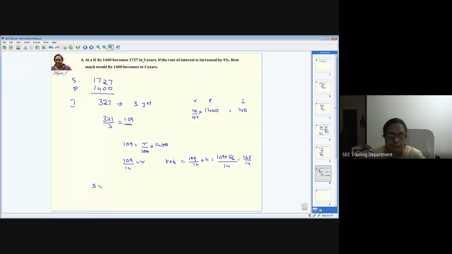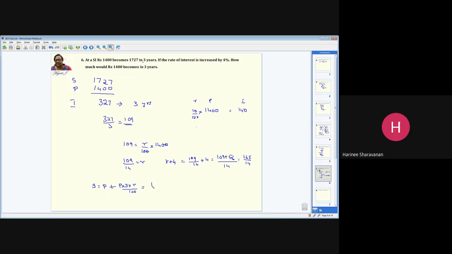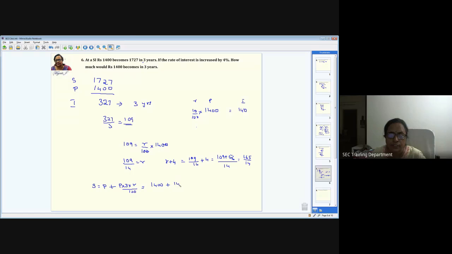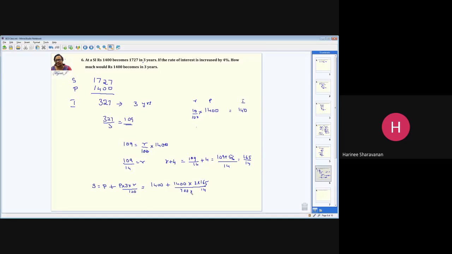The sum after 3 years is nothing but principal plus the interest. So what is the interest now? P into 3 years is already mentioned, and R is 165 by 14. Now you do the same thing. Principal is 1400 plus 1400 into 3 into 165 by 14 and into 100, of course. So calculate this.